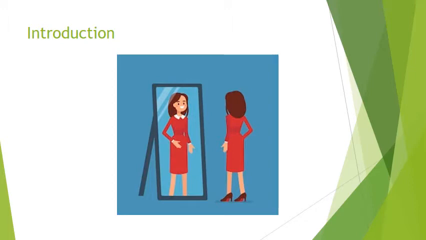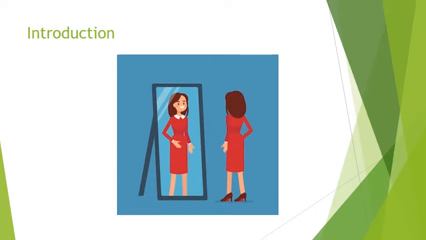You stand in front of a mirror. What do you observe? You observe your own image. You and your image are identical. You and your image are symmetrical with reference to the mirror. So now we will see what the meaning of symmetry is.